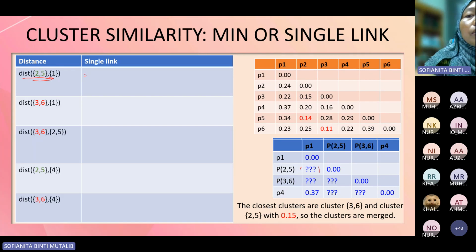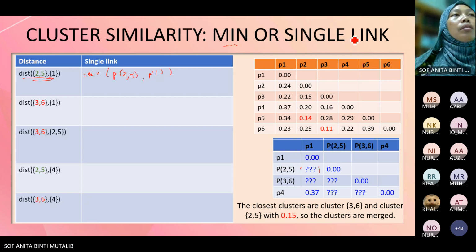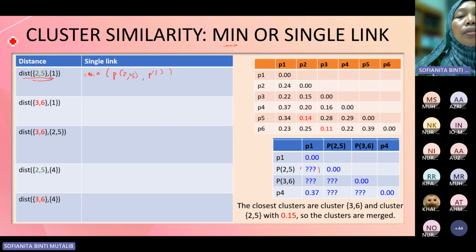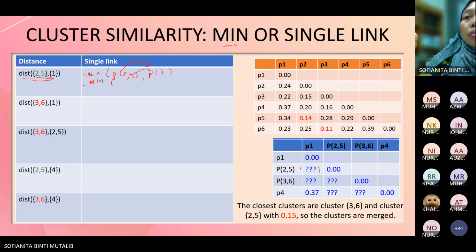Because we are using the minimum function, it is the minimum of the distances from 2 and 5 to 1.